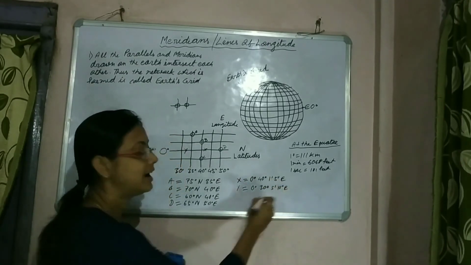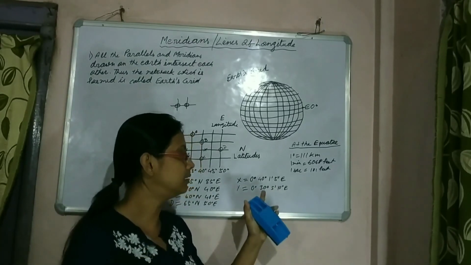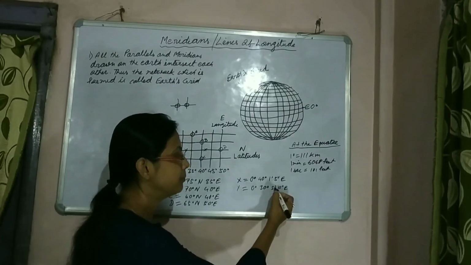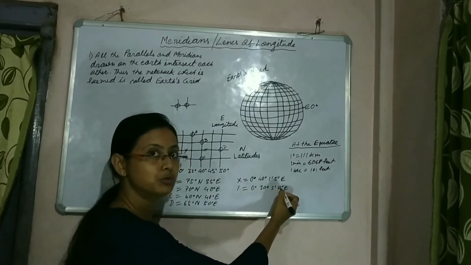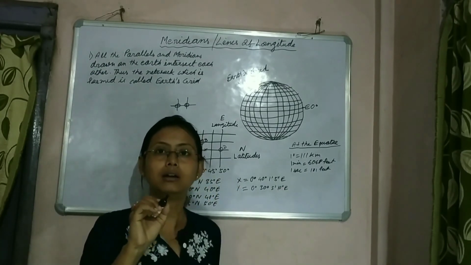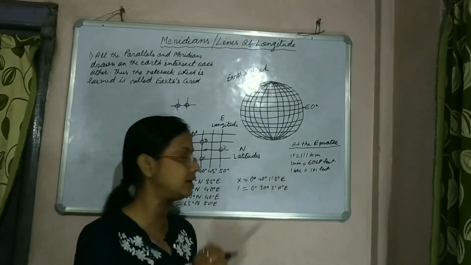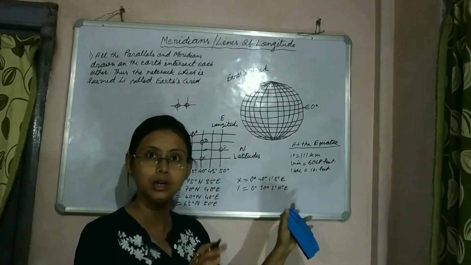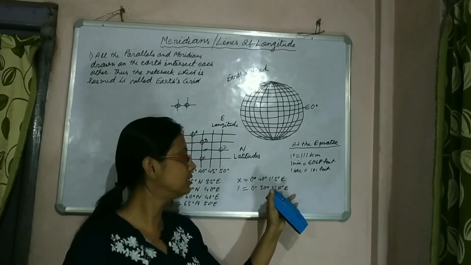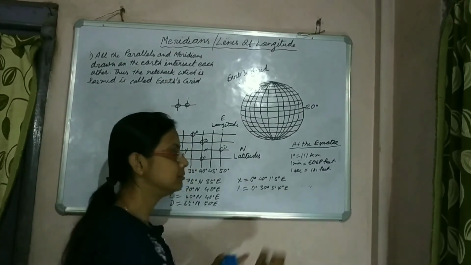In case of parallels and meridians, when we mention the distance in minutes and seconds, we use a symbol that looks like a comma, like an inverted comma or apostrophe, but it doesn't mean that. One mark means minute and two marks mean second.